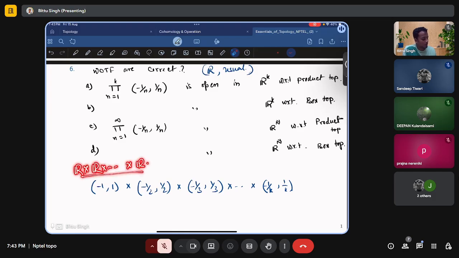So this is open in product topology. Why? Because this is also a basis element. You can see that a basis element is given by a product of open sets, and those are open in R. Therefore, this is open in R^k.